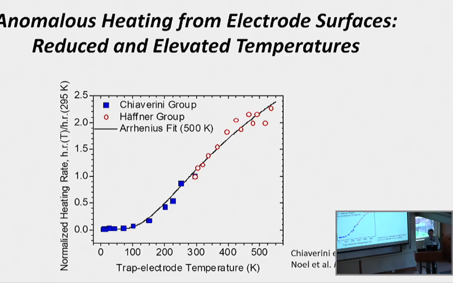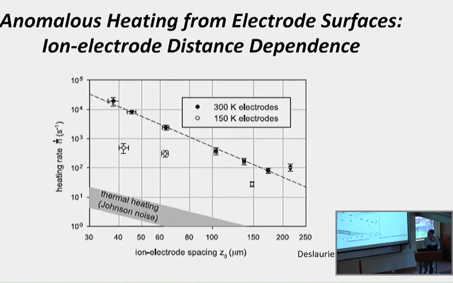Now, the stuff that does make sense is the distance dependence, because people have done very detailed distance dependence now. First, there was Chris's group, who did the needle trap, where they were able to change the distance from the electrode by mechanically moving two needles, or maybe just one.